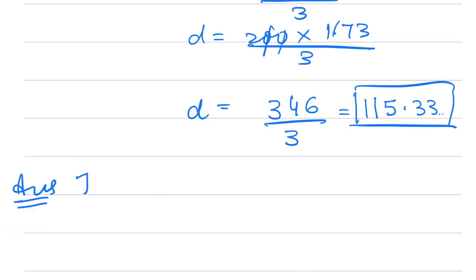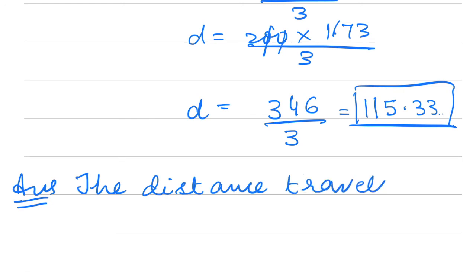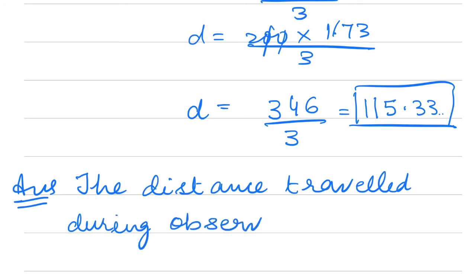So answer, the distance travelled during observation is 115.33 meters.